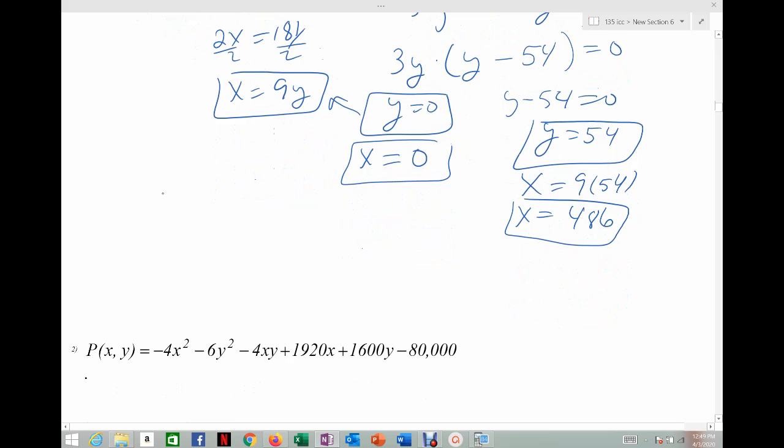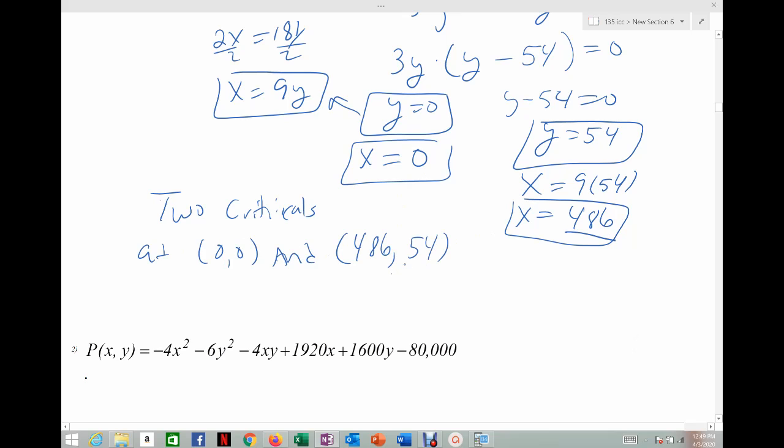And so this function has two critical values, two stopping points, which could be maxes, could be mins. One of them is at the origin, 0, 0. The other one is, and make sure you're careful, the x value is 486 and the y value is 54. It's really easy to flip. If I was going to do something silly, I'd be flipping those around.